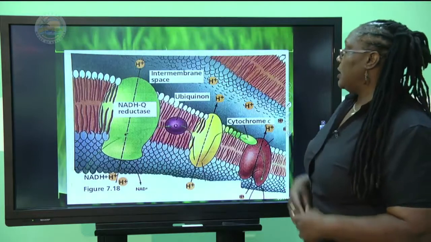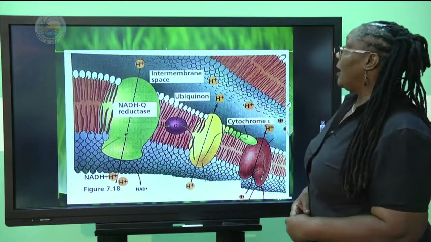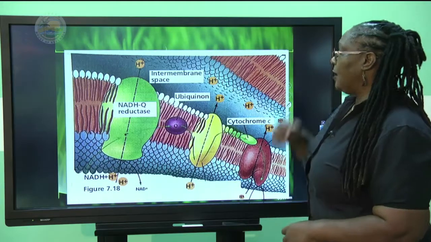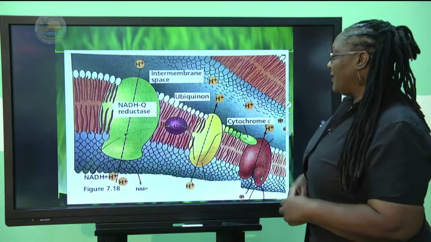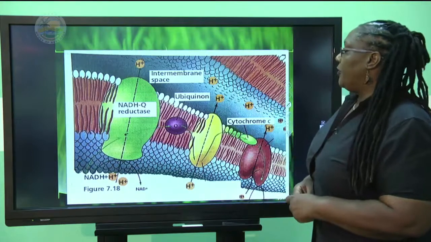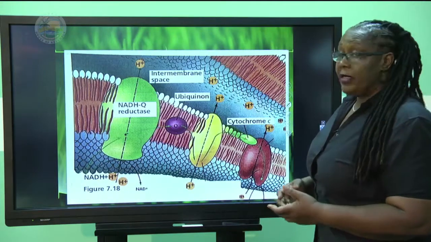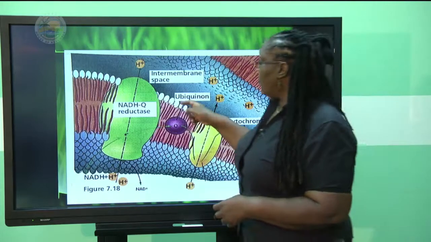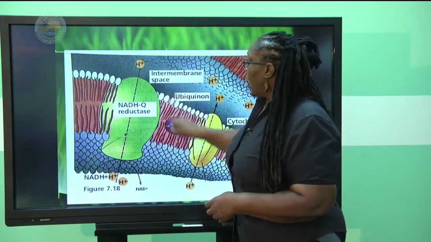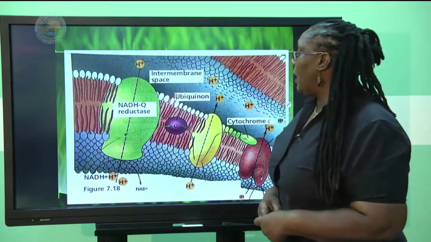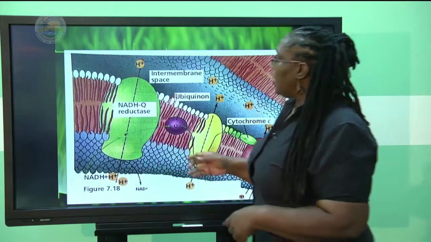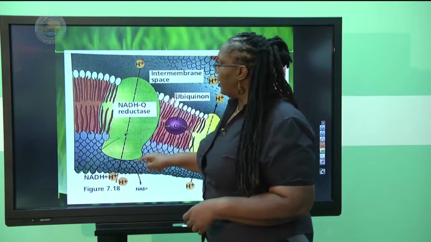This now is the electron transport chain. And here we are seeing a representation of the membranes. So in this, we know the membrane structure. You have the phospholipids, the bilayer, and you're seeing these molecules between the bilayer.